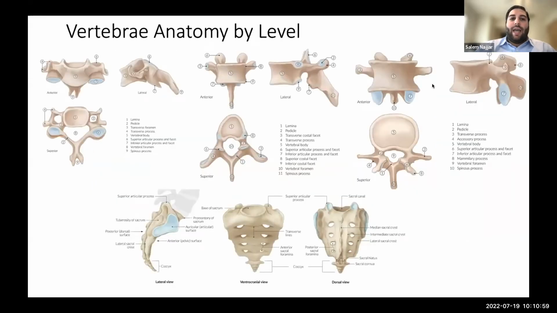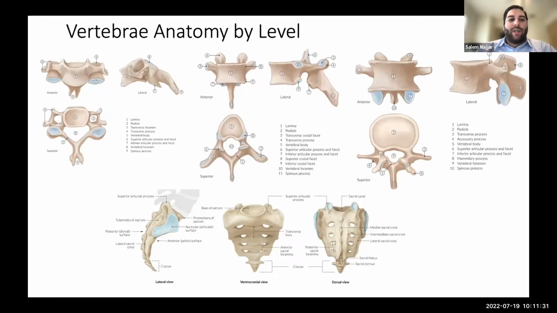So now if we look at the vertebral anatomy by each level, we were just talking a little bit about how there was a cervical enlargement. You can see here, this is the cervical vertebrae, this is thoracic, this is lumbar, this is sacral, and this is coccyx. So the coccyx is actually down here. As you go from the cervical spine to the lumbar spine, the vertebral body gets larger and the vertebral foramen gets smaller.